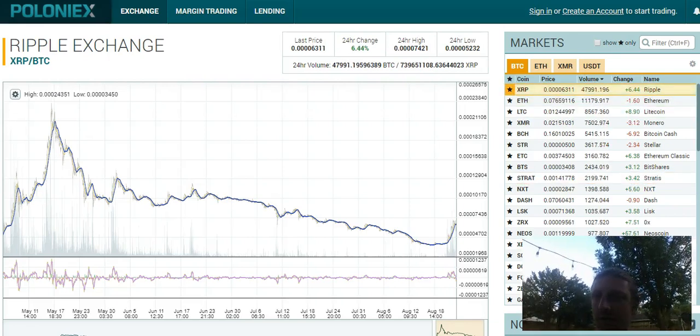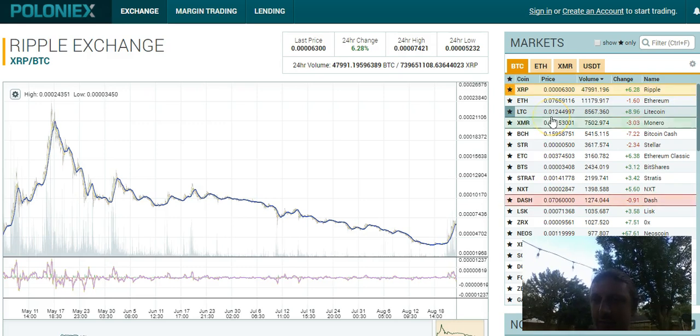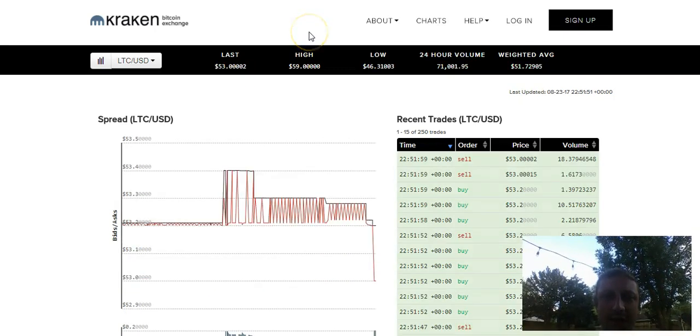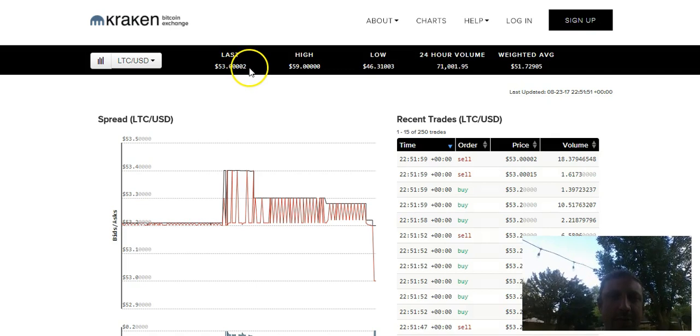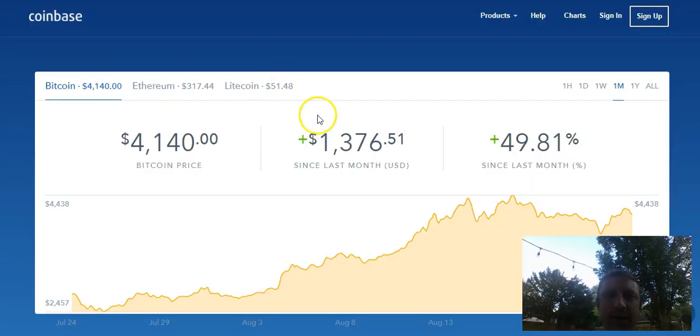If we go over to Poloniex, they don't list their prices in dollars, and I don't feel like going over and converting it, so we'll skip that one for now. We'll go over here to Kraken. The last trade was happening at 53 over here. Here it's 51. To me, this isn't really worth my time. We have a difference of maybe $2 and some change here.